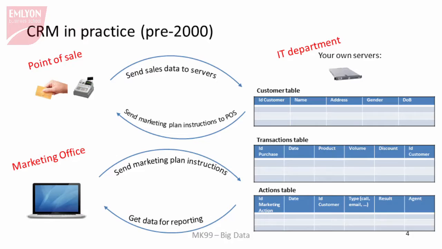And on the side of the point of sale, these marketing instructions are applied so that when a customer goes to the cashier with a loyalty card, your marketing action is applied to this customer. And in return, the data about this purchase transaction is registered in your database. So that's the basic flow that you would find in a regular, traditional customer relationship management system.